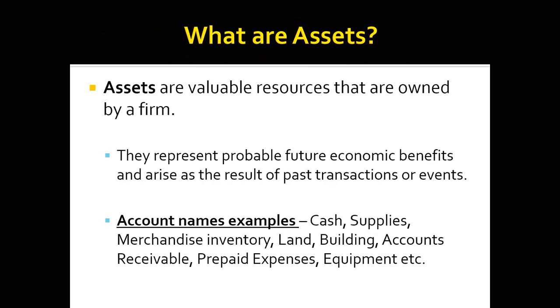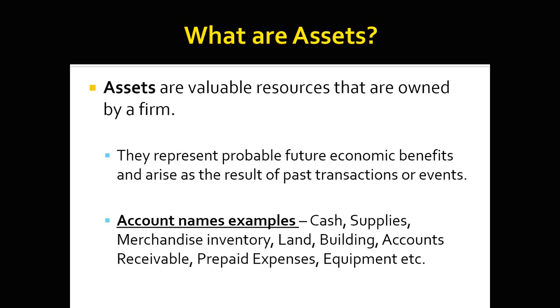All right, now we're going to get more particular about the elements. So I'm going to start with assets. So please take good notes. The main element is assets. So within that element, you're going to have different account names.